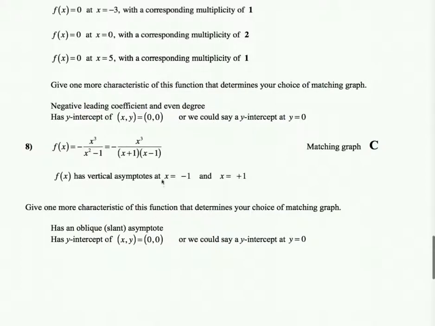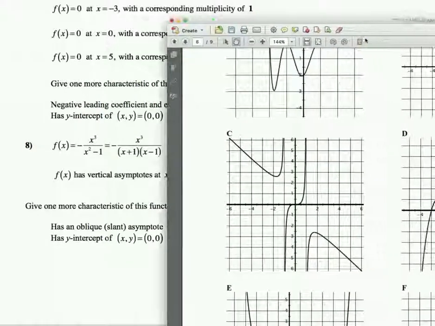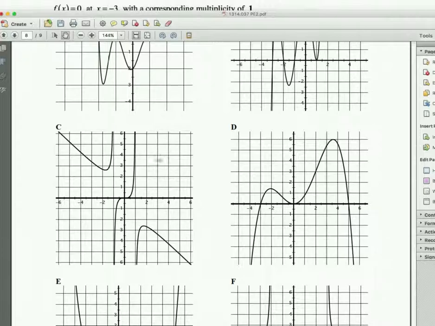And we have a y-intercept at y equals 0, because when x is 0, the numerator is 0. That makes the whole function value 0, and so that's our y-intercept. And so now turning to our graph, sure enough, we can see that the y-intercept is at 0.